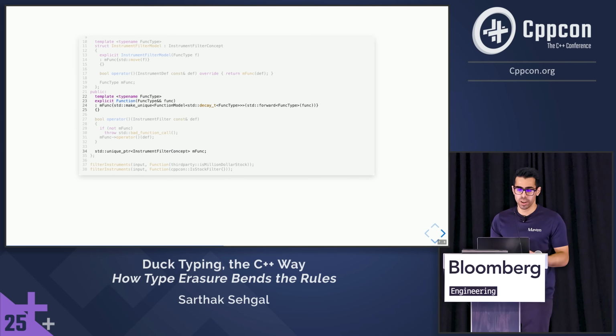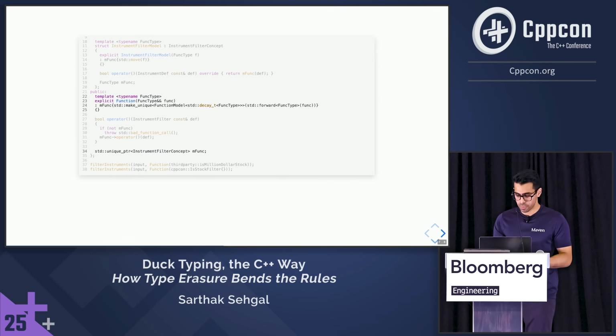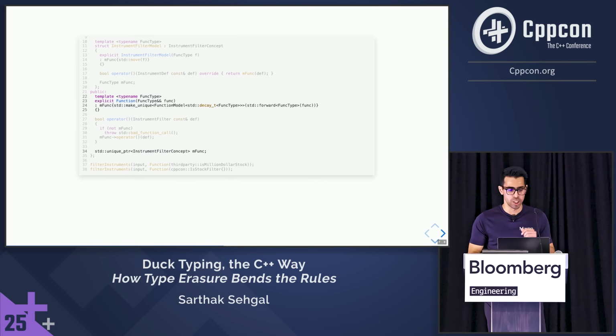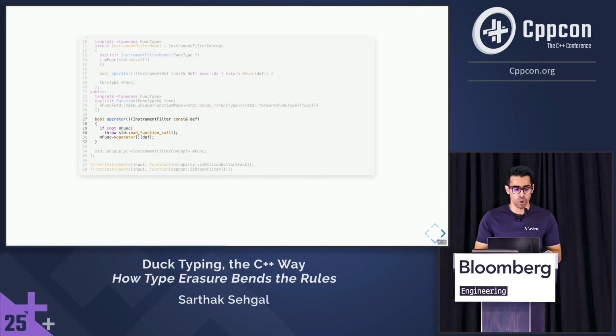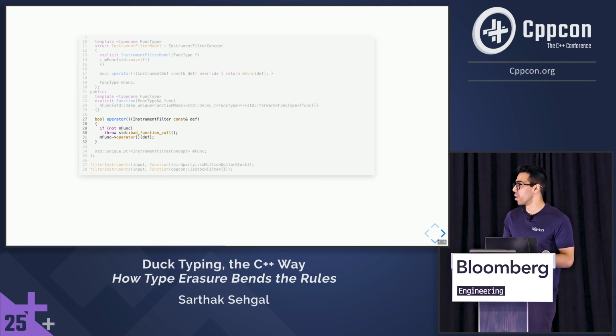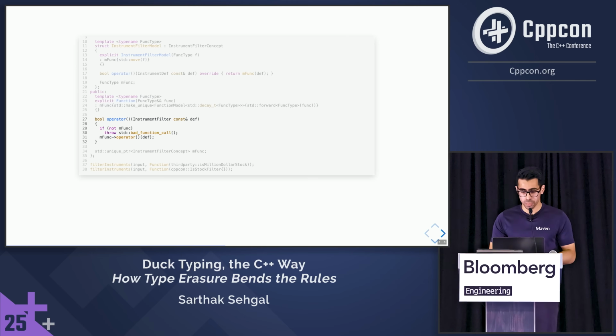So give me anything. I'm going to try to wrap it in the function model for you and store it as a pointer to the base class. This also needs to provide the function call operator so that the client can invoke it. And that's pretty simple. All it does is invoke this operator on the pointer stored.